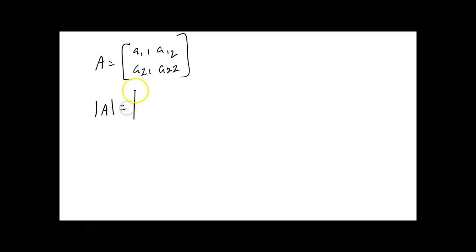And you could also write it this way. A11, A12, A21, A22. Now it looks a lot like that, except there's no brackets there. Those are just single bars. And what is that? You've just given it to me. What would it be?